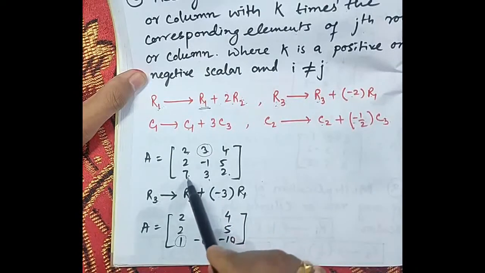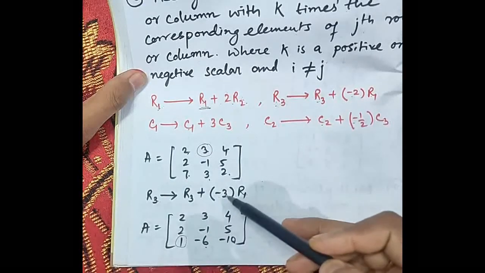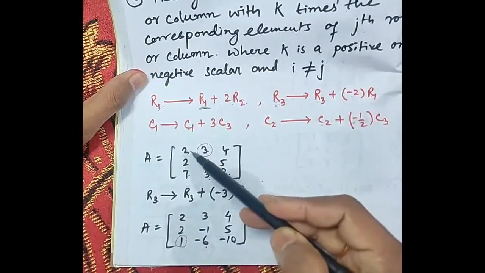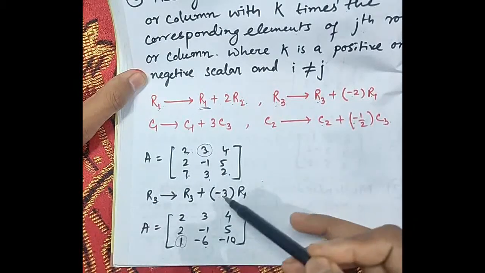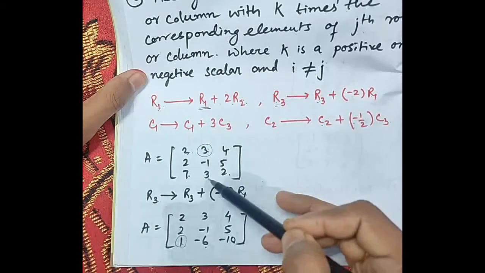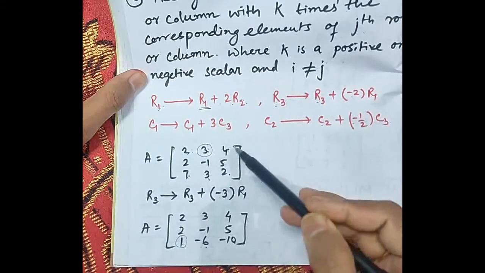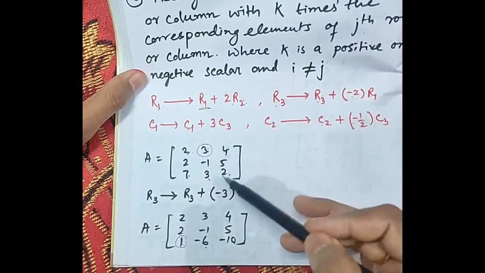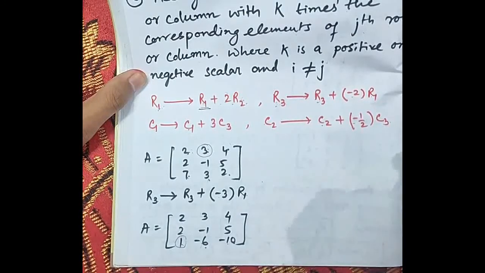Now minus 6 plus 7, because we have to add with the corresponding elements, is 1. Similarly minus 3 into 3 is minus 9, minus 9 plus 3 is minus 6, minus 3 into 4 is minus 12, minus 12 plus 2 is minus 10. Got it?